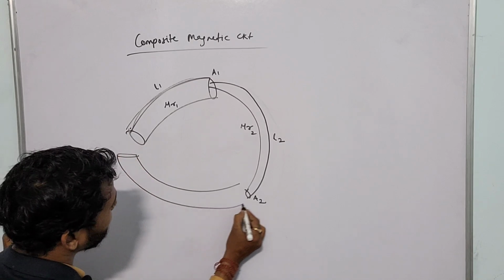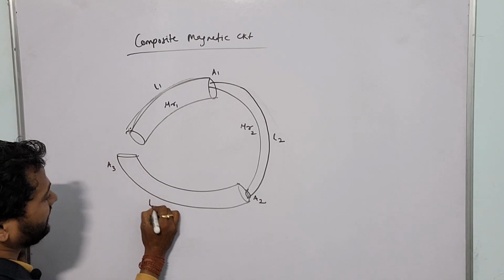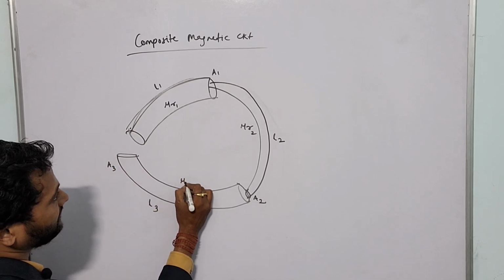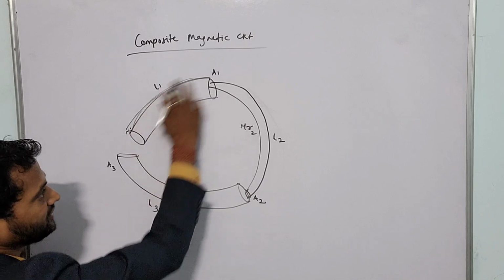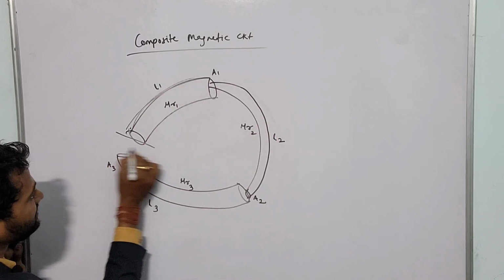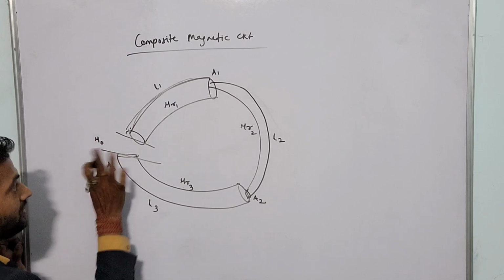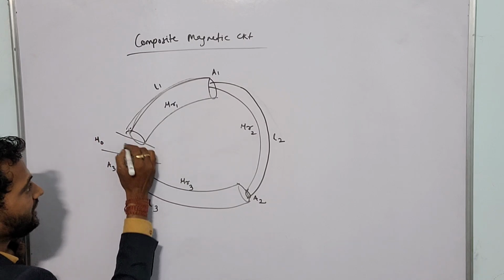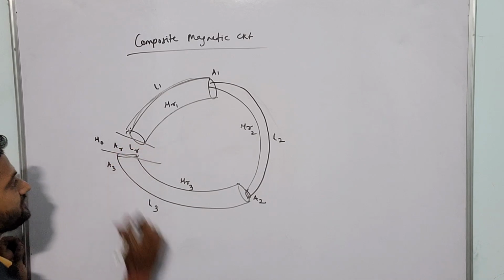Okay, and next we'll connect another magnetic material of area A3, length L3, relative permeability of mu R3. So there are three magnetic material and one air gap is also there. Air gap में relative permeability is mu naught, which is absolute permeability, and area is, let it be Ag and length is Lg.